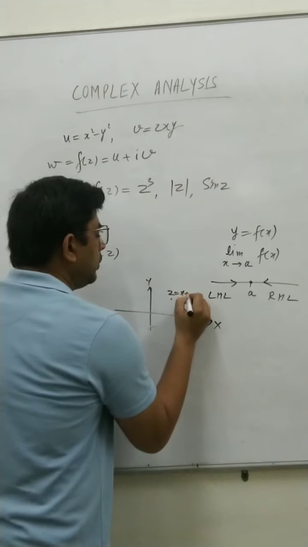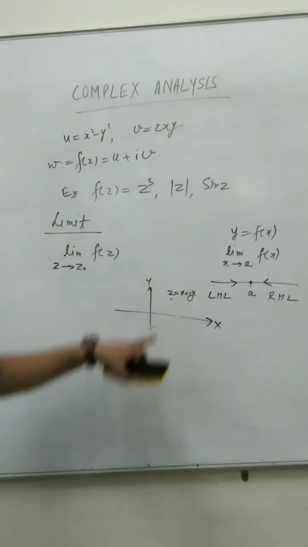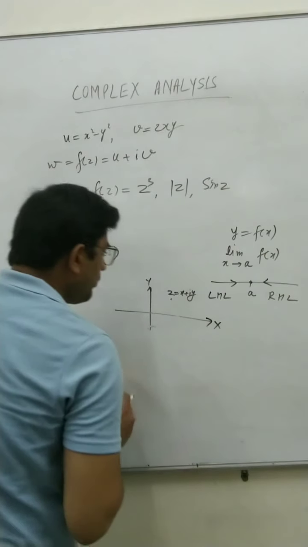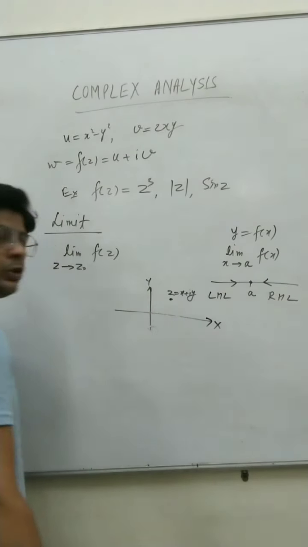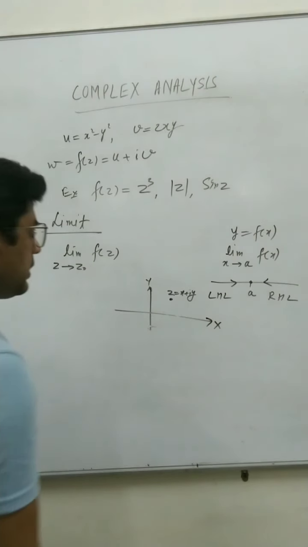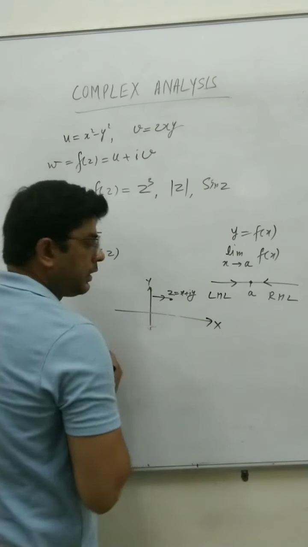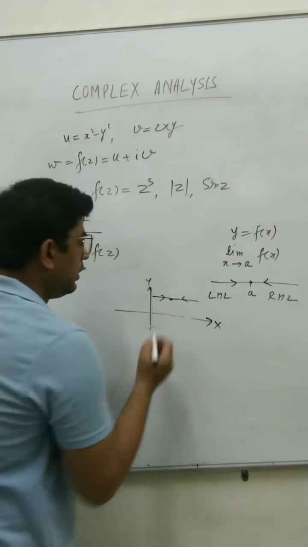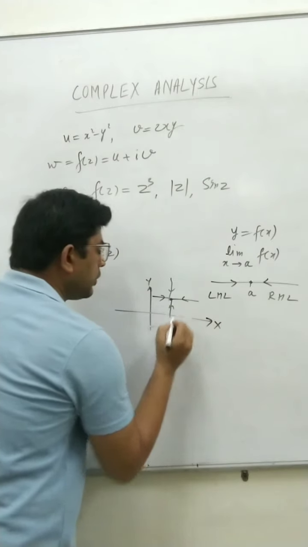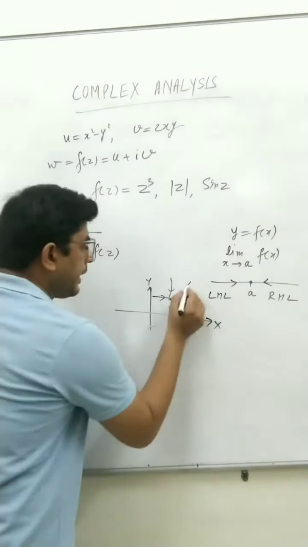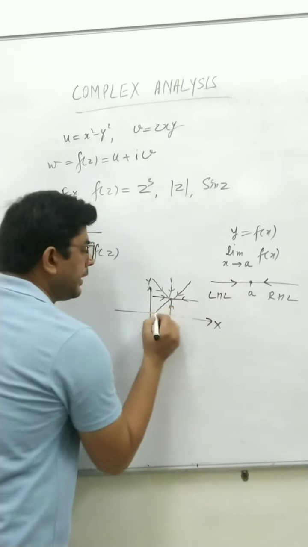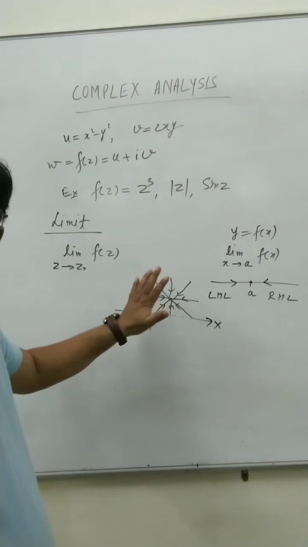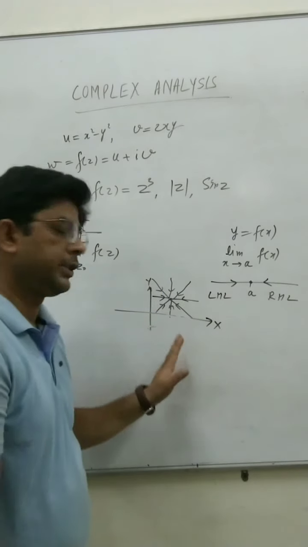A complex number z equal to x plus iy can be denoted by the point (x, y). To approach this point we have many directions. We can approach from left, from right, from upside, from downside, or from any direction. So to reach this point in the two-dimensional plane, we have an infinite number of directions.